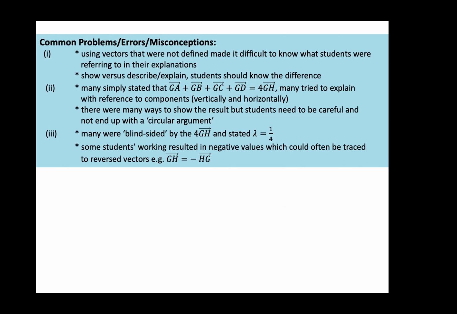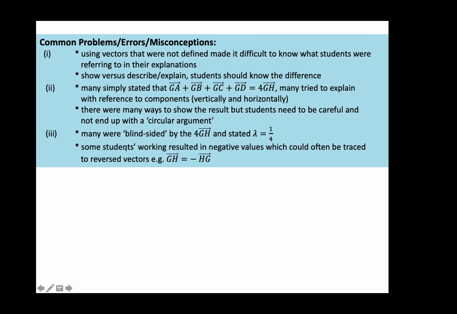In part 2, many simply stated that GA plus GB plus GC plus GD equals 4GH. Not incorrect, but many tried to explain with reference to components vertically and horizontally. There were many ways to show the result, but students need to be careful and not end up with a circular argument. It needs to be clearer.